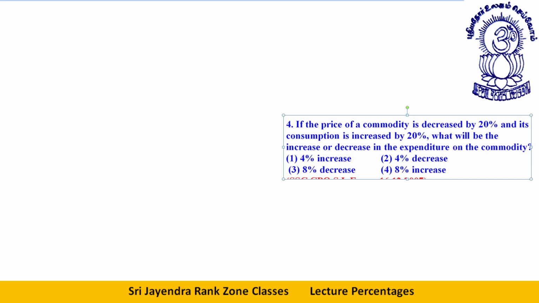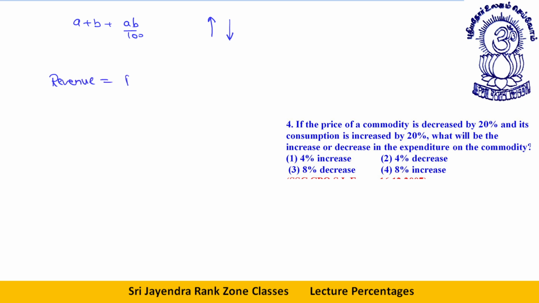Look, first of all, I told you the formula A plus B plus AB by 100. This was for when the price of a thing increases, decreases by something, then it first increases, then decreases, or vice versa. Now, here, what do we have? We have a concept called revenue. Revenue is price into quantity.